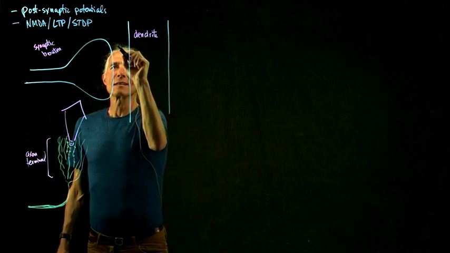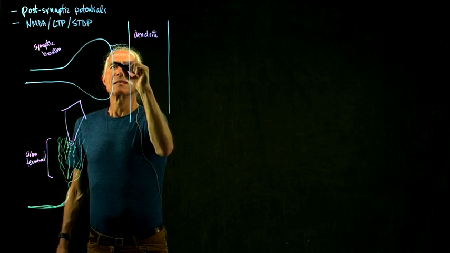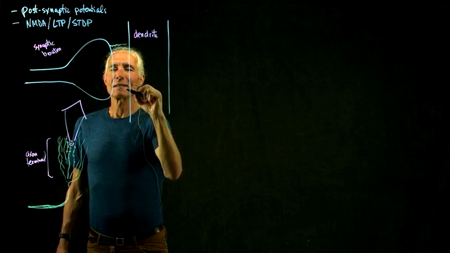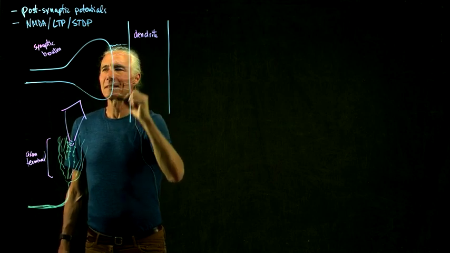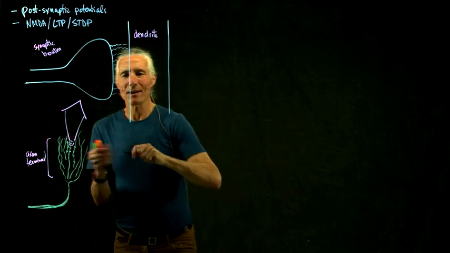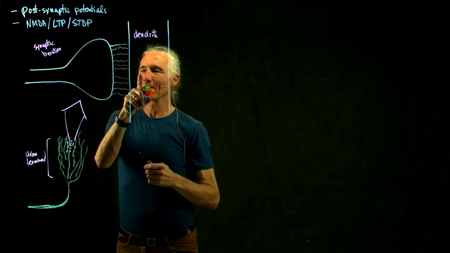I always like to say this, you hear this idea of strengthening synapses. It turns out it's not a metaphor. There are little guy wires that hook up this synaptic bouton to the dendrite.